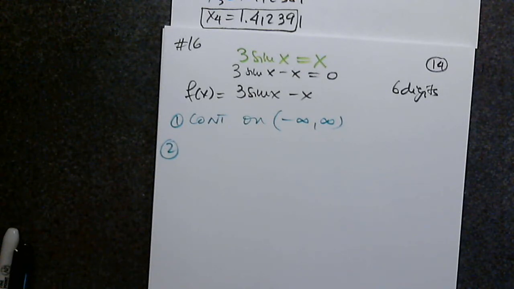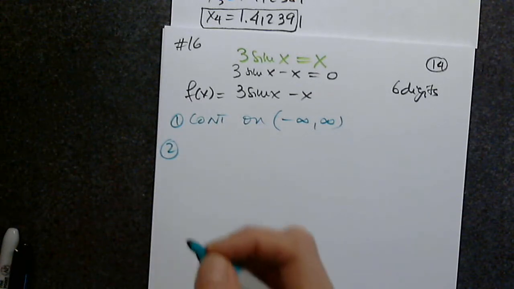Okay, fine. I don't want to use 0 because I can't start at 0. 0 is a solution already. You can plug in 2 if you want, but you don't have the change of signs between 1 and 2. You do between 2 and 3. Okay, let's look at 3. Good, that's good. So the interval is 2, 3.